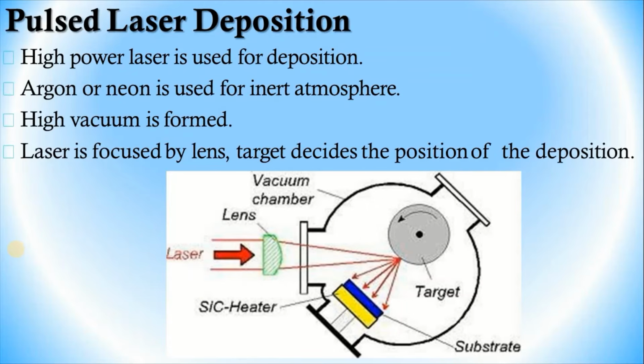The substrate is kept in front of the metal target, and may be maintained at an elevated temperature to enhance adhesion. Depending on the process parameters, particularly laser energy per unit area, laser wavelength, and laser pulse width, films can be deposited at a rate of a few tens to a few hundred angstroms per pulse. That is pulse laser deposition.